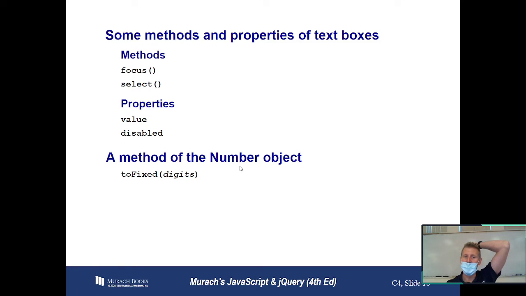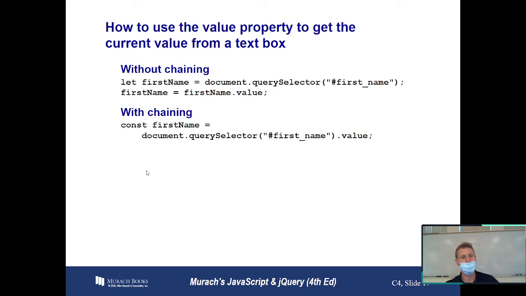And then another, if you have a number object, again, you've kind of seen this. You can trim the number of digits on a number using toFixed. That's the most useful piece of information there. You've kind of seen this before, how you can take a selector. So if you break it down, like I like doing this, this first line selects the text box itself.